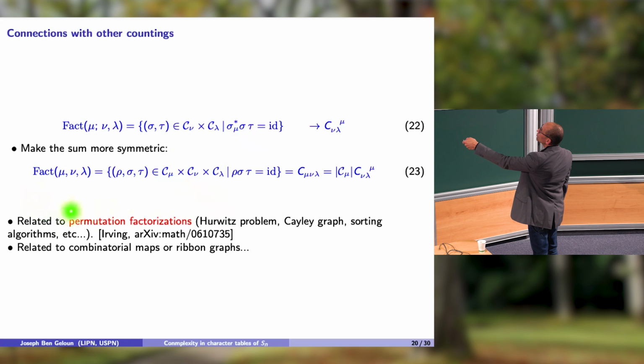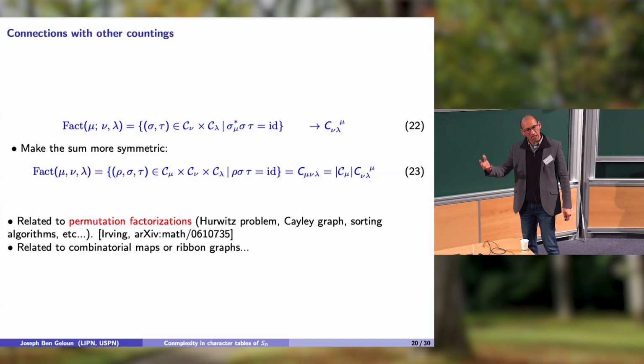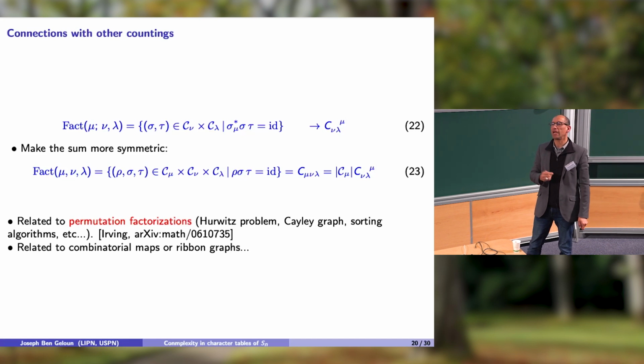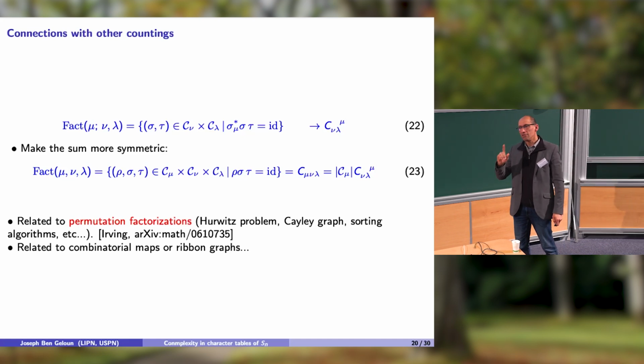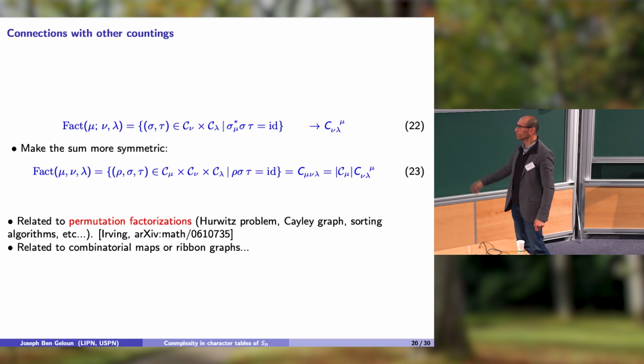So if you count the number of elements in three conjugacy classes such that they multiply to the identity, this looks like saying that tau is factorized, the inverse of tau is factorizing in two permutations. And this is closely related to Hurwitz's problem of factorizing permutations and Hurwitz numbers indeed. But we don't know yet. This connection we haven't yet established.